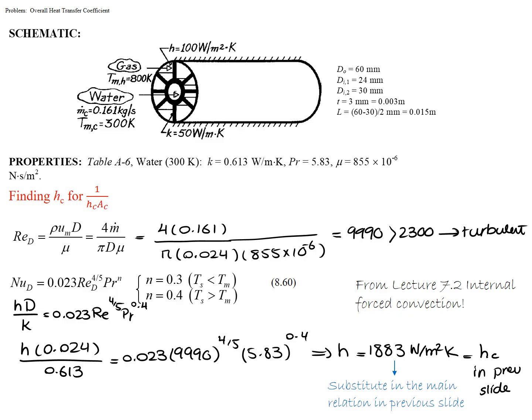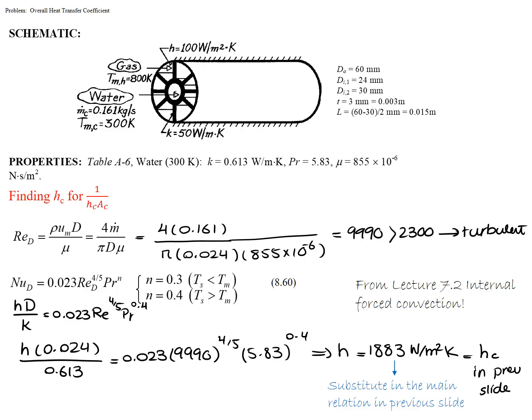So that's my Nusselt number relation that's set up. It basically requires my Reynolds and Prandtl to go in, and on the left-hand side, Nusselt is broken down to heat transfer coefficient, diameter, and K value, which is the conductivity of the water that flows in.